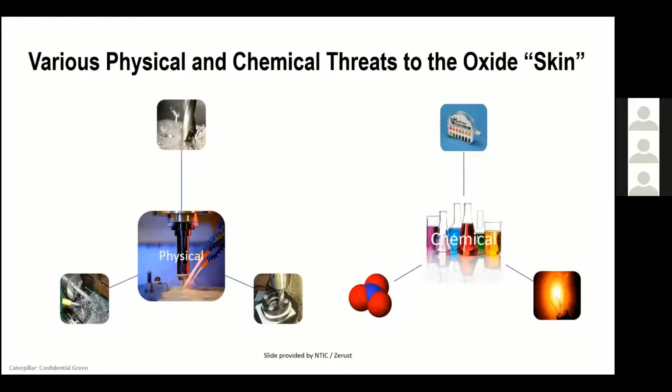Up at the top on the physical image, we're drilling into that block of metal, and as a result we make that surface very active because we're doing something to it. So physically, you can do certain things to the metal to create faster oxidation in the reaction.